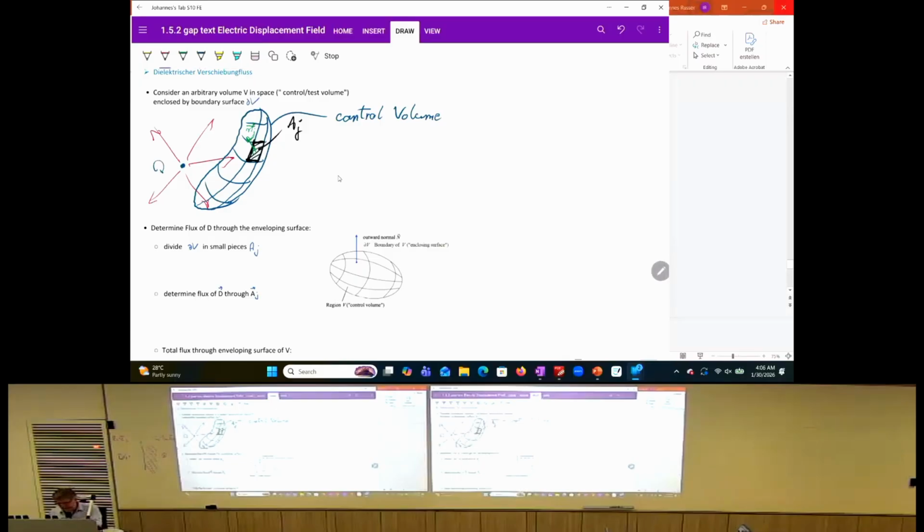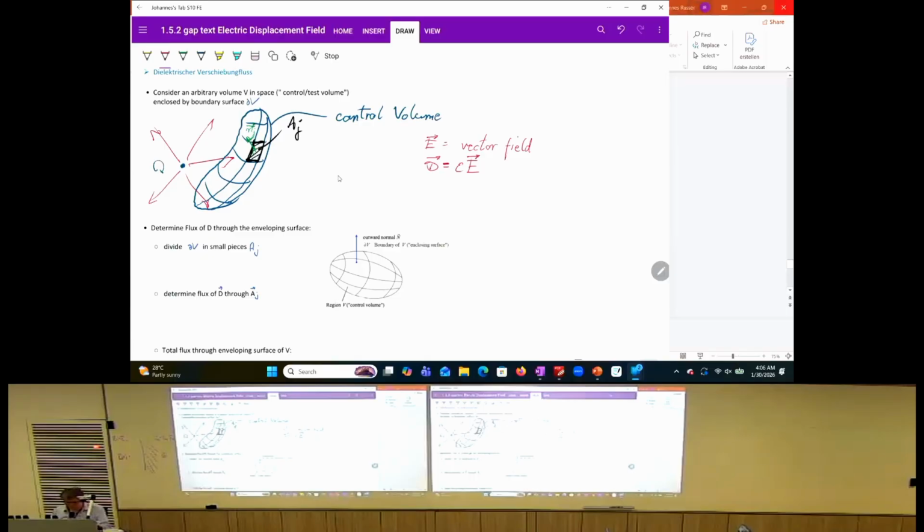So you have here the red one is the E, the vector field, and the displacement field is the dielectric constant times the electric field.